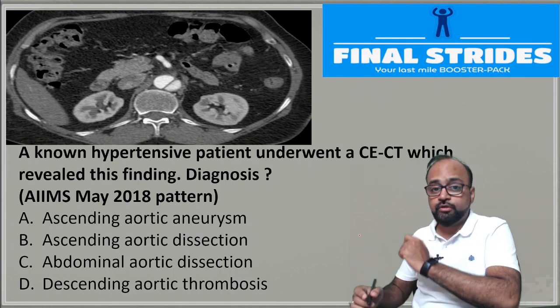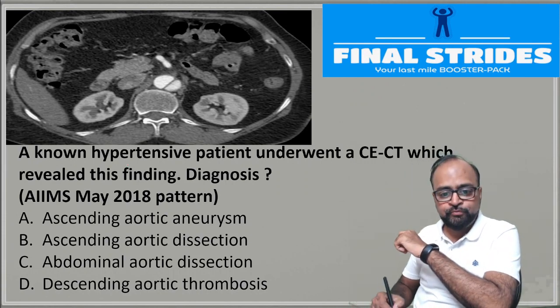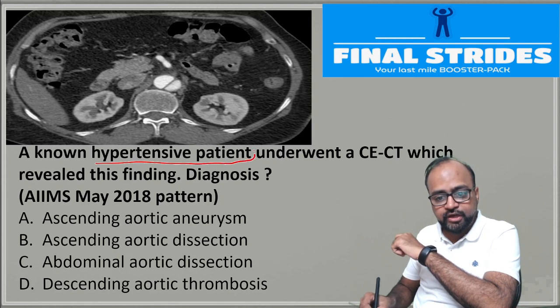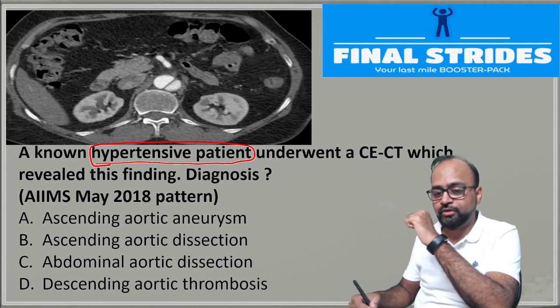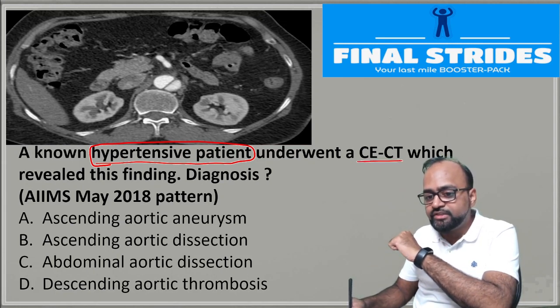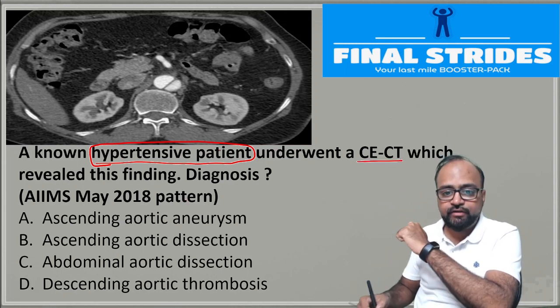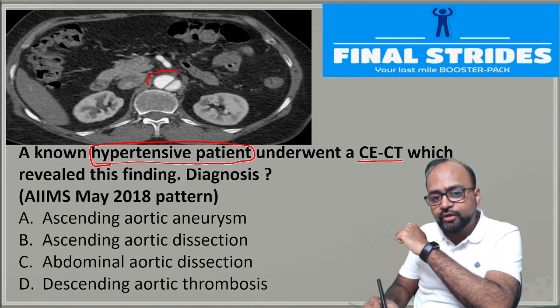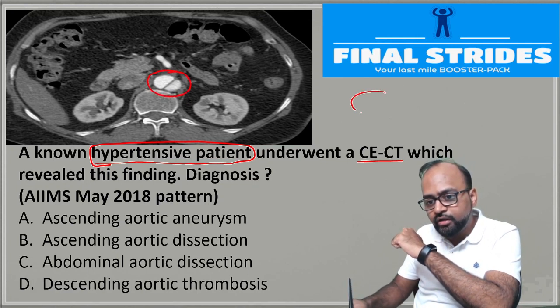Now look at this question, a very peculiar vascular abnormality. A known hypertensive patient, hypertension is the most important predisposing factor for this particular abnormality, underwent a CECT which revealed this finding. What is this finding? Look at the aorta. In the aorta, can you see a septum here?